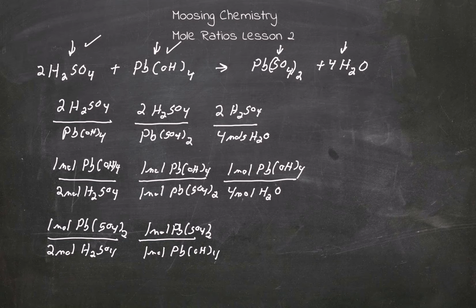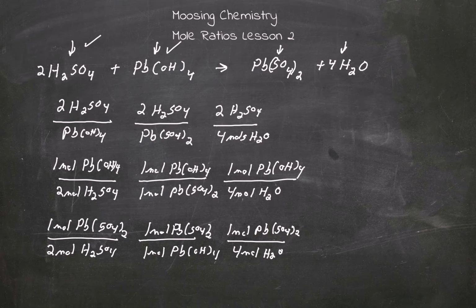You might want to start singing when you're doing this stuff because it kind of takes a while to do it. Alright, so 4 and 4 moles of course, H2O.